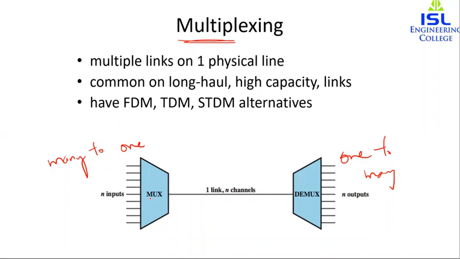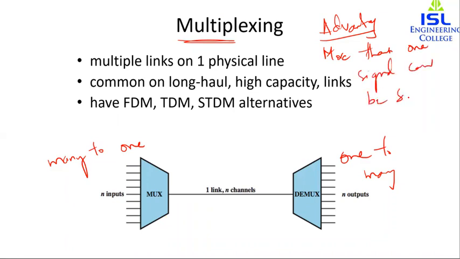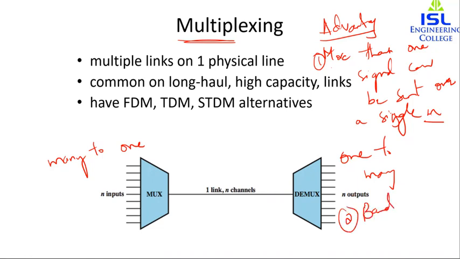What are the advantages? The first is that more than one signal can be sent over a single medium. The next advantage is that the bandwidth of the medium can be utilized effectively.